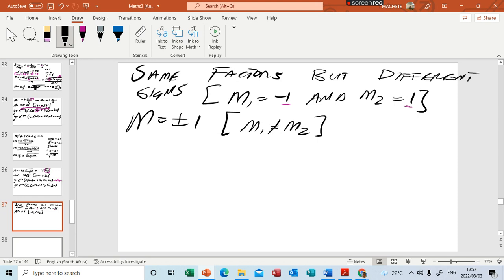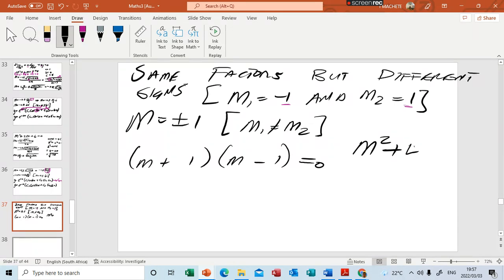You'll have cases like that, or you'll have a square root. Something like m squared minus 49 equals 0.